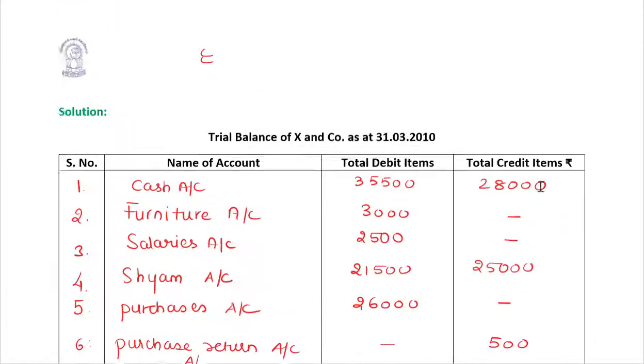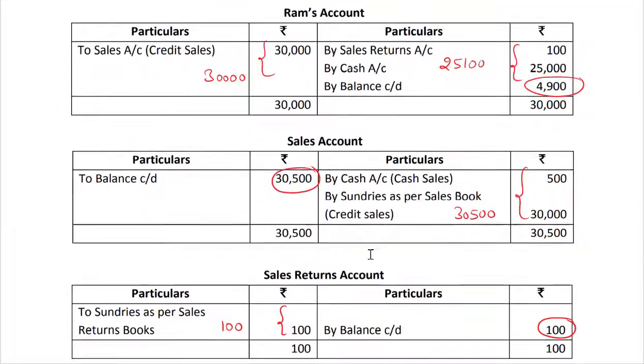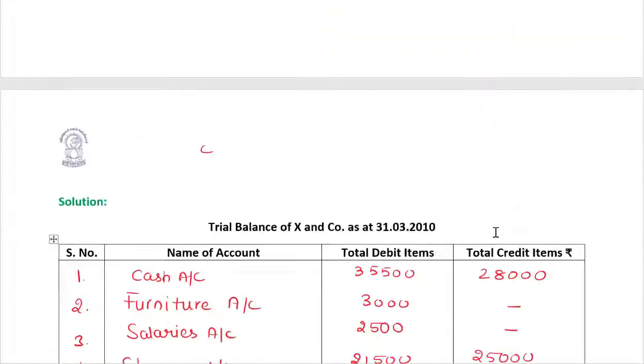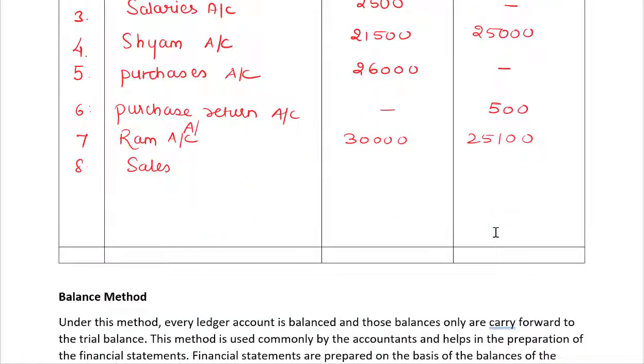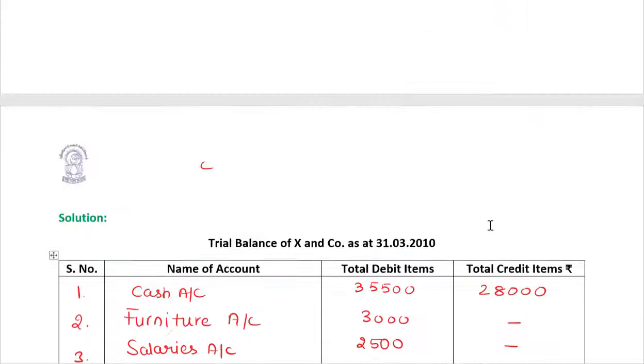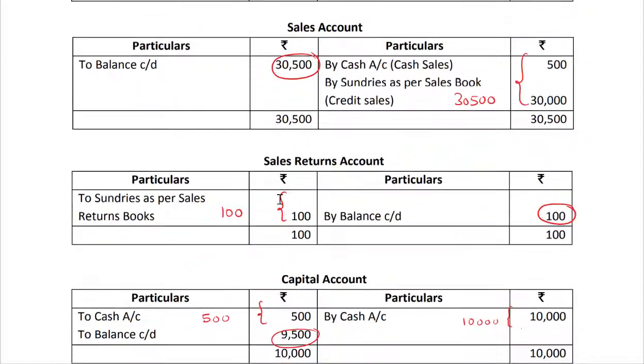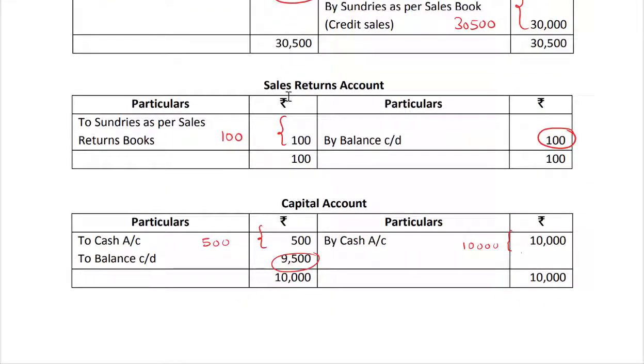Then sales account. Let's see the figures in the sales account. On the credit side, it is 30,500. Then we have sales return and capital. In sales return, we have 100 on the debit side.